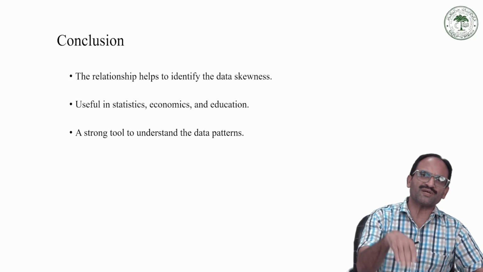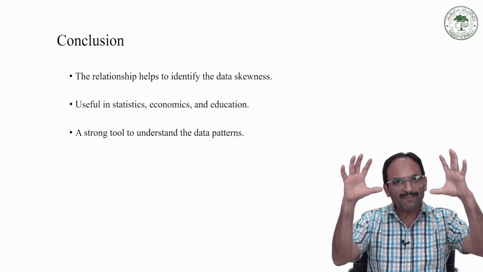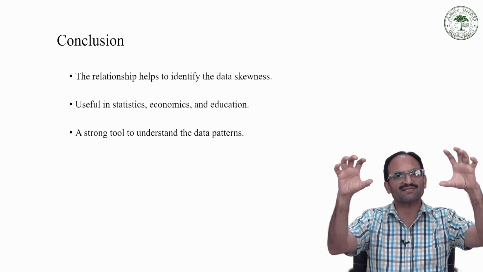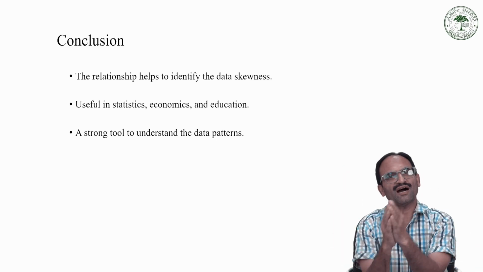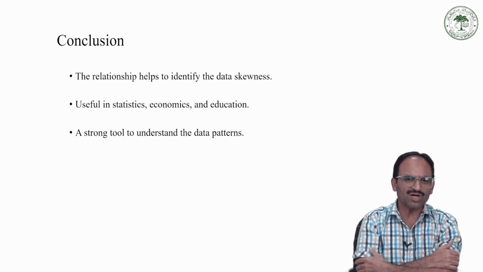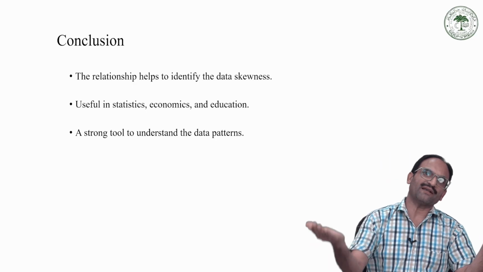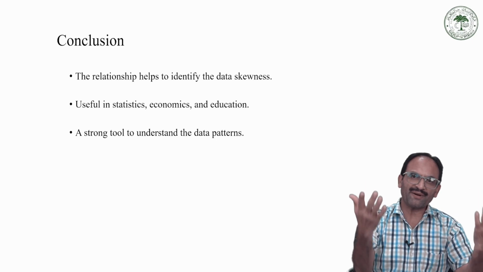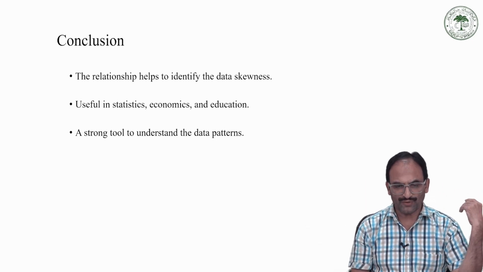So in that situation, it will be very easy for them to know whether the population that has been taken by us is following a normal distribution, or it is positively skewed or negatively skewed. And finally, it is a strong tool to understand the data patterns. The same thing that in the beginning I explained, data patterns, simply which distribution the data is following.